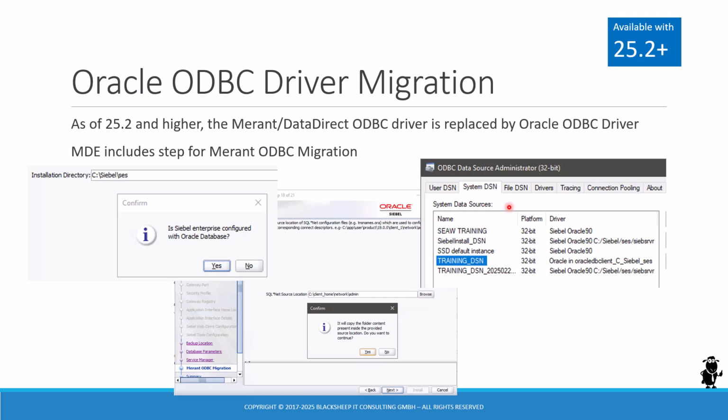If you look at the 32-bit ODBC data source administration, you will find backup copies of the original data sources, and the new data source will have the new driver, Oracle in OraDB client and so forth.